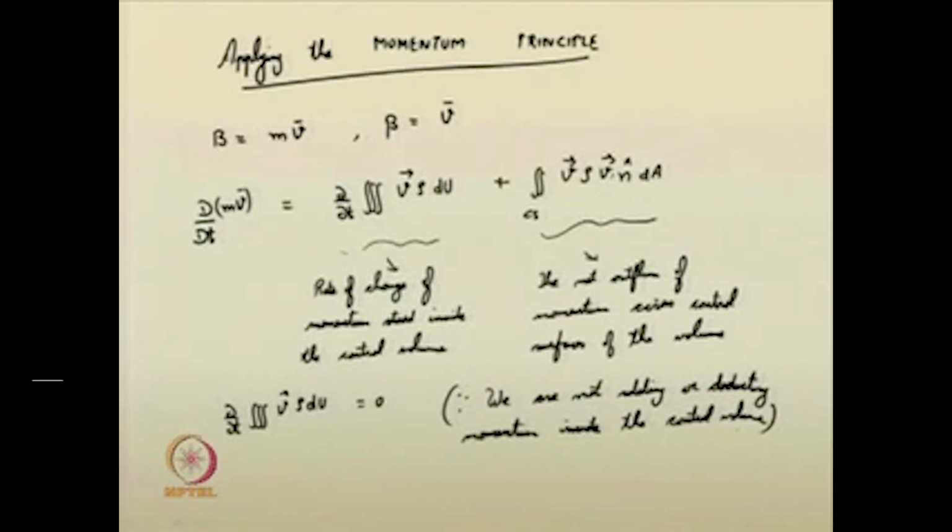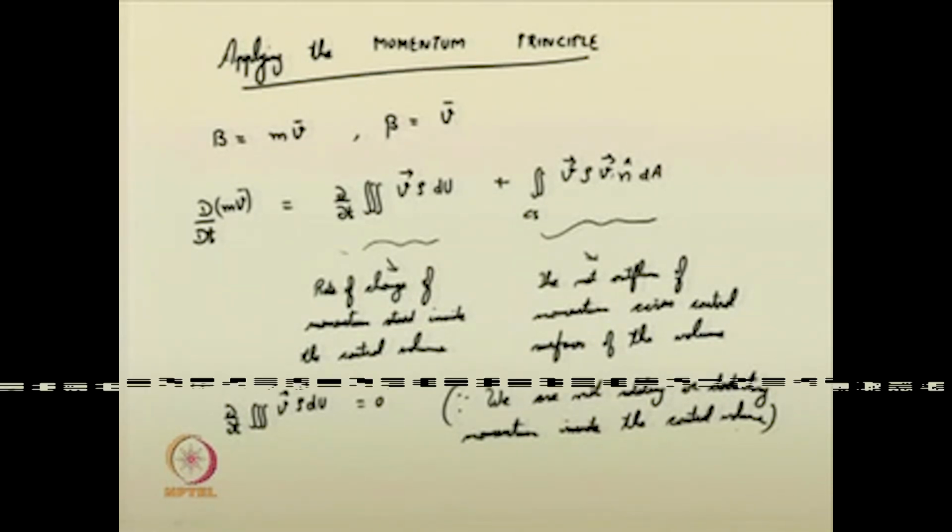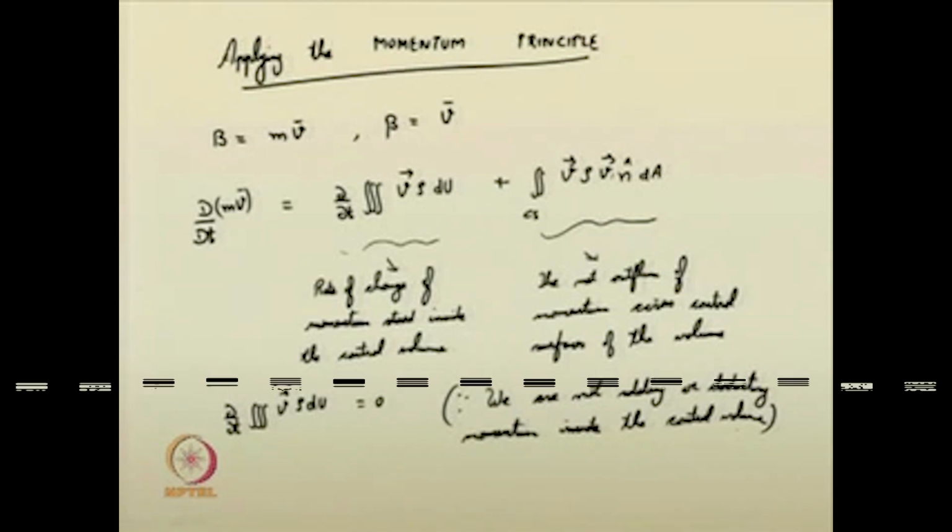So, that first term will be 0. This means that your momentum equation now becomes d by dt of m v is equal to the net outflux of momentum through the control surfaces of the control volume. Fine.